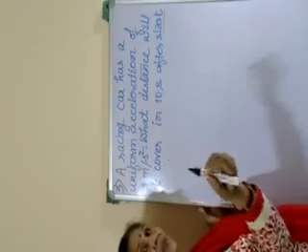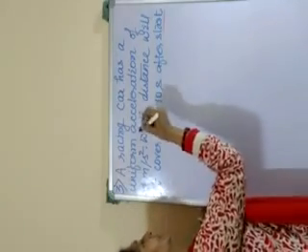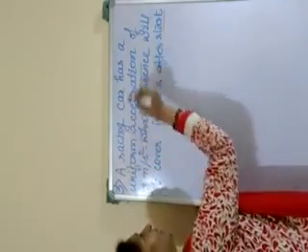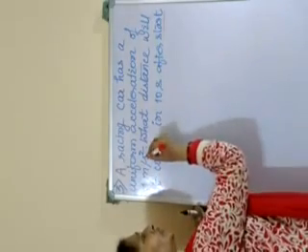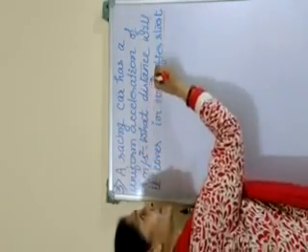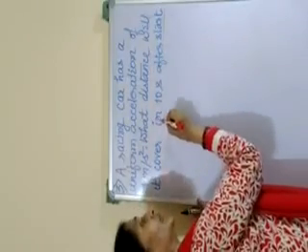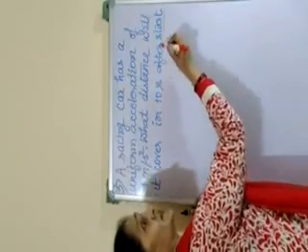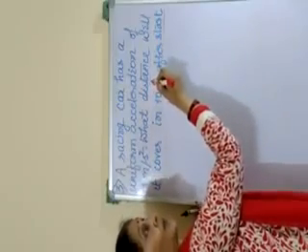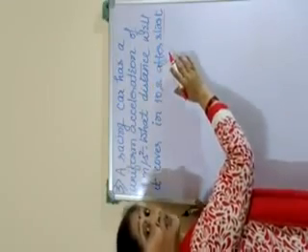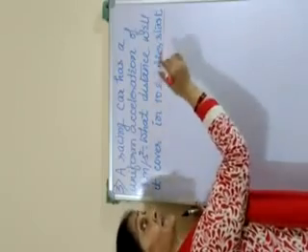Now let us come to the third question. A racing car has a uniform acceleration of 4 meter per second square. What distance will it cover in 10 seconds after start? Here you have to find out the distance covered. And the initial velocity is not given, and it is written after start.